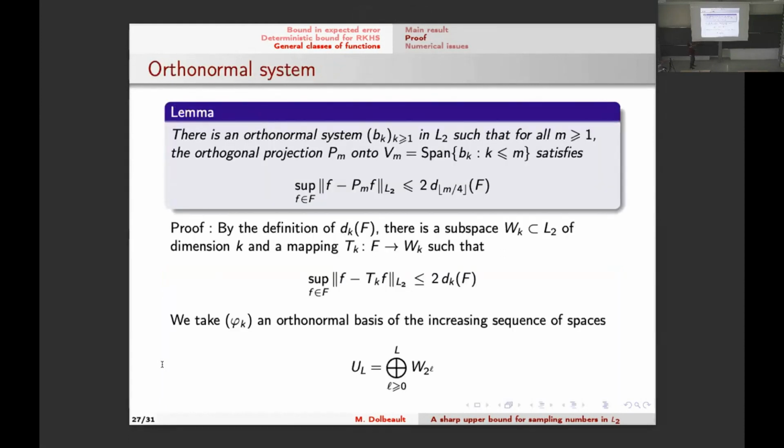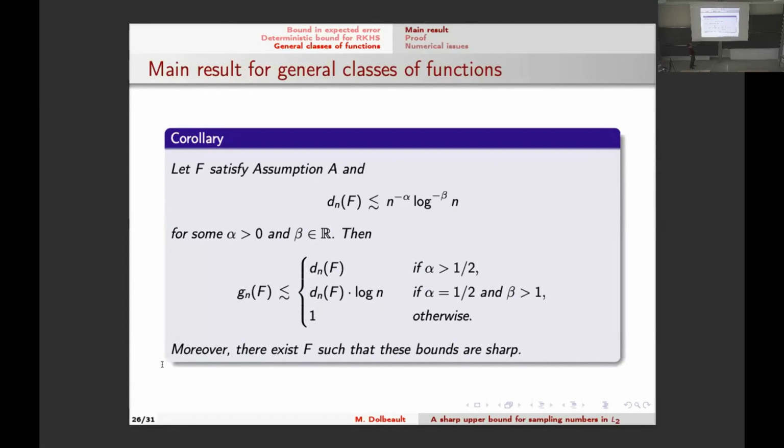Okay, a bit of technicalities. So this is what I can deduce, and it gives me some important intuition. I'm still taking the examples where the Kolmogorov widths of my class F decrease with some polynomial and logarithmic rate. And I get a sharp bound; again, I can find examples where these rates are matched. When alpha is larger than one half, so if the width of my function class decreases fast enough, I recover the exact rate.